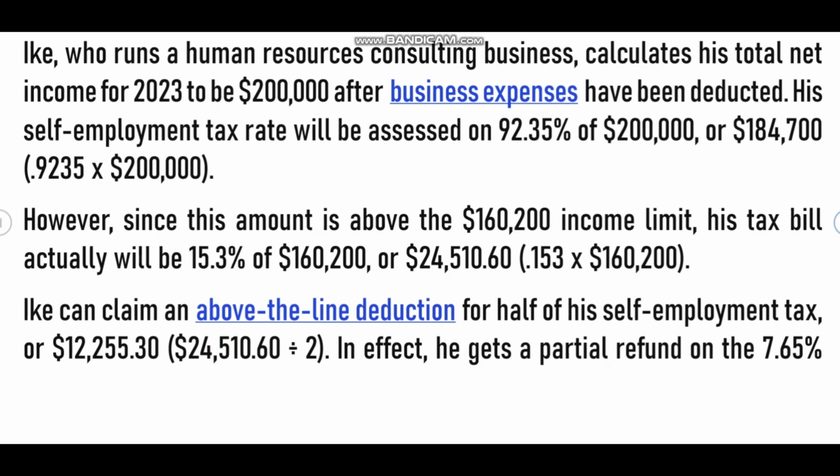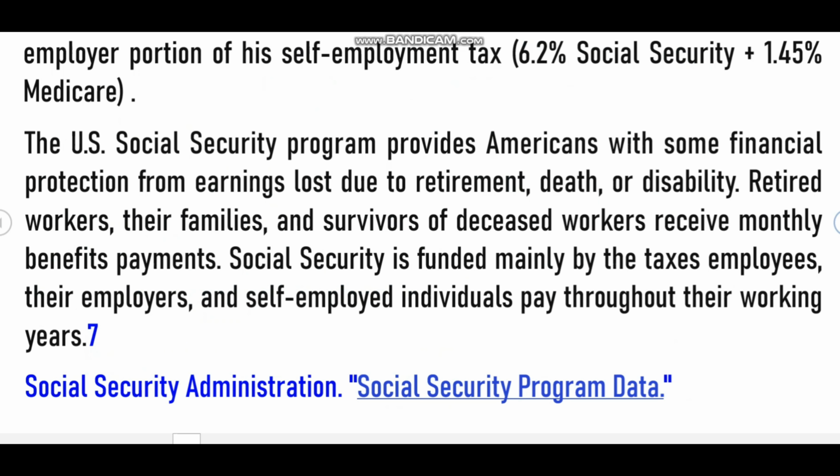The revenue is collected in the form of a payroll tax. Social Security taxes fund the retirement, disability, and survivorship benefits that millions of Americans receive each year from the Social Security Administration.